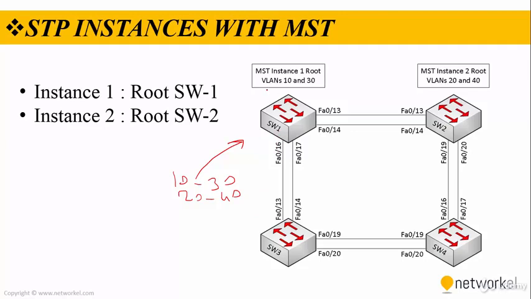For example, for VLANs 10 to 30, this bridge is the root bridge, and for instance 2, which is mapped to VLANs 20 and 40, this bridge may be the root bridge.